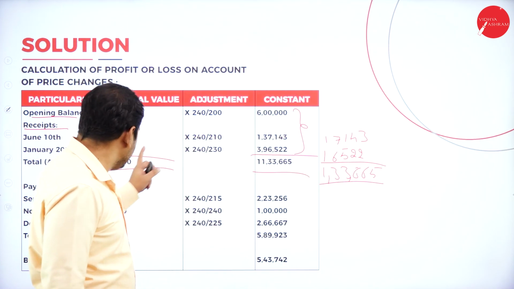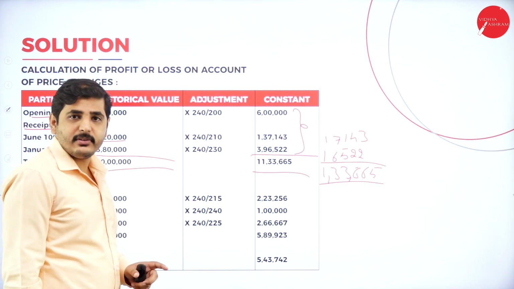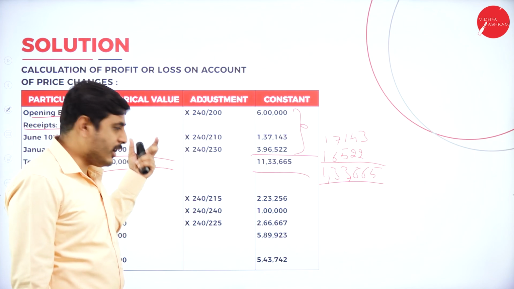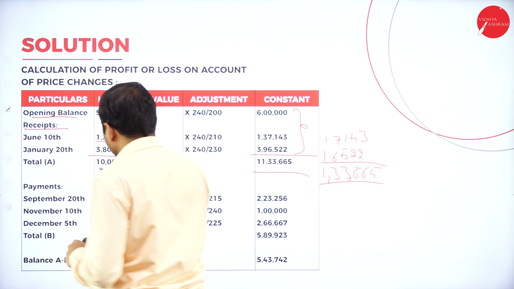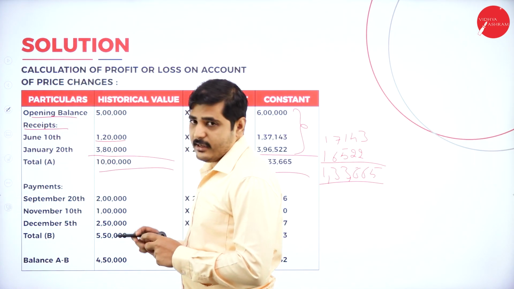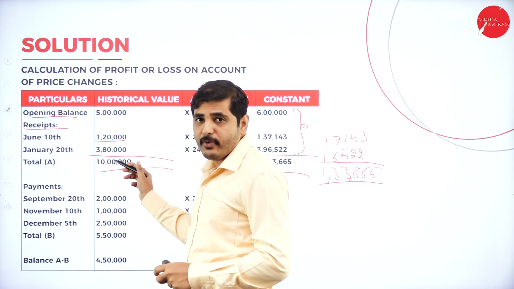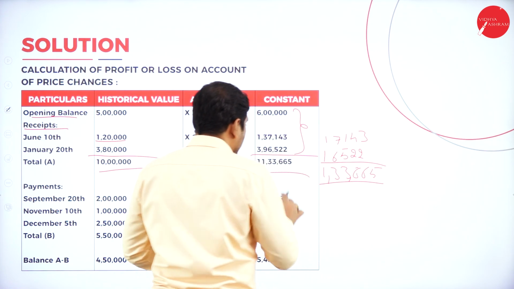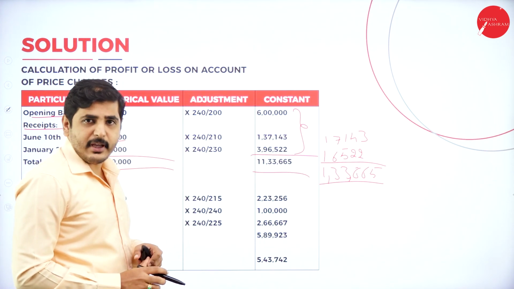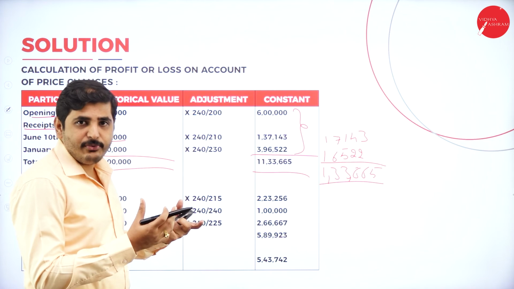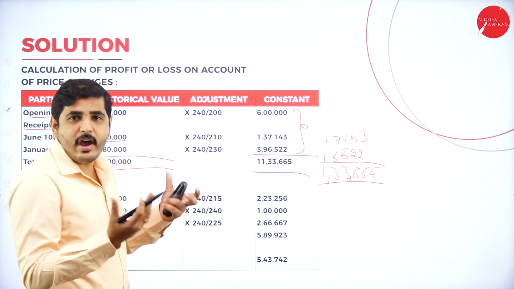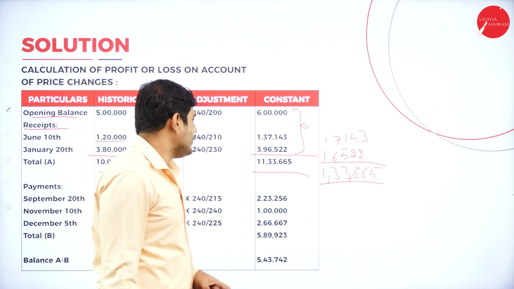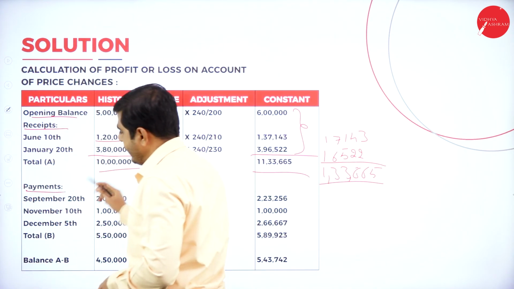On the opening date of the year, we could purchase a product for 10 lakh rupees. If you want to purchase the same product now, we have to spend 11,33,665. So the value of the product has been increasing, the value of money is decreasing, to the extent of 1,33,665. Now let's come to the payment side.